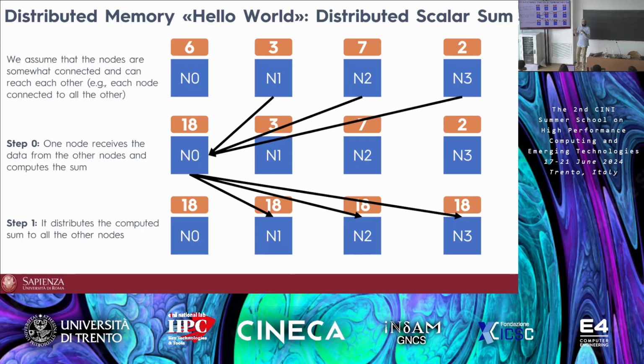We don't care too much at this stage, because eventually, even if you assume to have one global shared memory, this data needs to move. And what I'm going to show in this lecture is how the data moves and what is the cost of moving this data, regardless of how you actually program it. Even if you program as a shared memory system, eventually the data needs to go around, and this is the case.